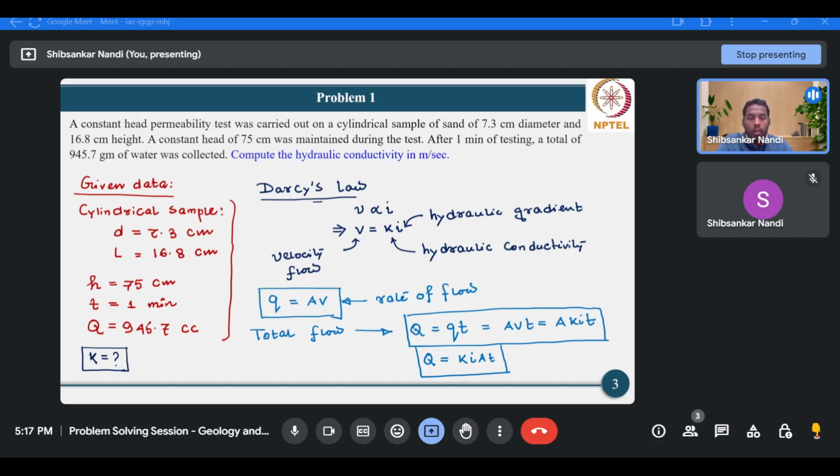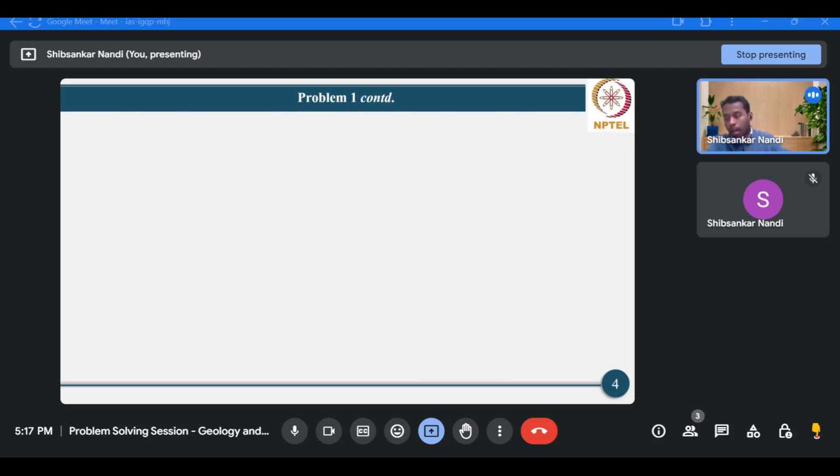All the other 4 entities are known to us, such as Q, I, A, and T. So we can easily determine the hydraulic conductivity of the soil by using this equation. How, that we'll see subsequently.